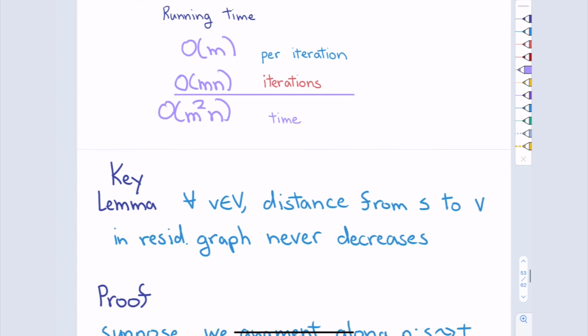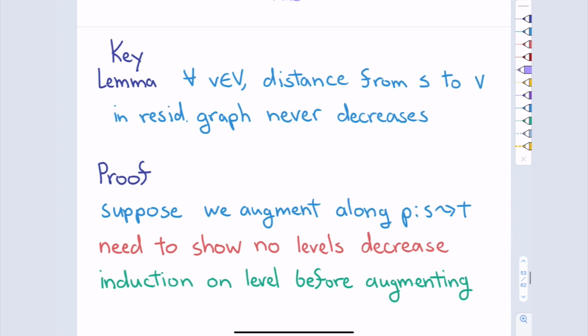So, for every vertex, the distance from S to V in the residual graph never decreases. Alright, so let's fix V, and suppose we augment along some shortest path from S to T. Actually, we're not fixing V. I want to show that none of the levels decrease, and I'm going to prove this by induction on the level of the vertex before augmenting.